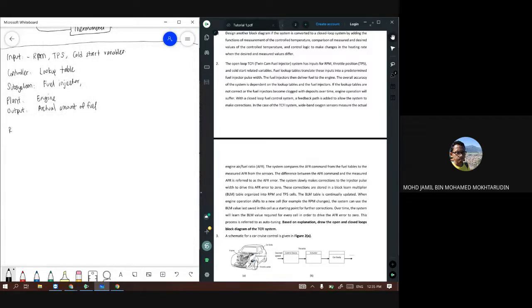So we have RPM, throttle position, and cold start variable. We have three inputs, so they must be combined. Combine these three inputs, and then they will be taken by the controller, the lookup table.